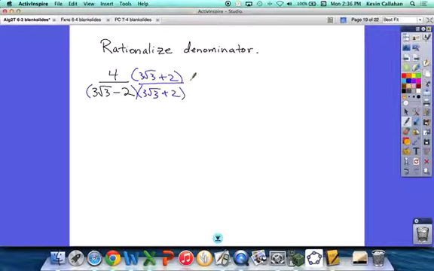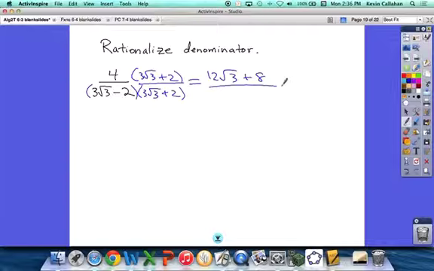Right? In the numerator, that's going to give us 4 times 3, 12 times the square root of 3, 4 times 2 plus 8. In the denominator, again, I don't need to multiply all 4 terms, just the first terms and the last terms.